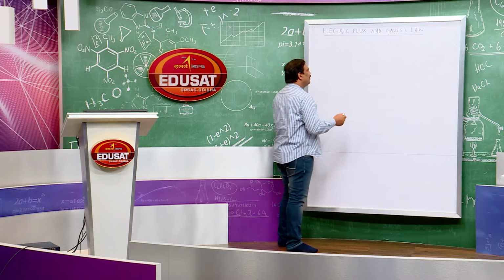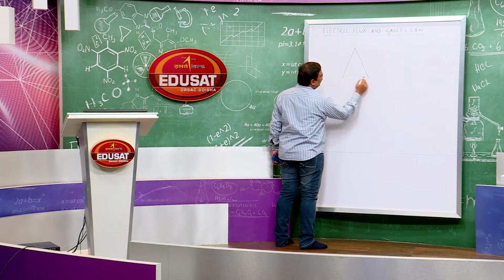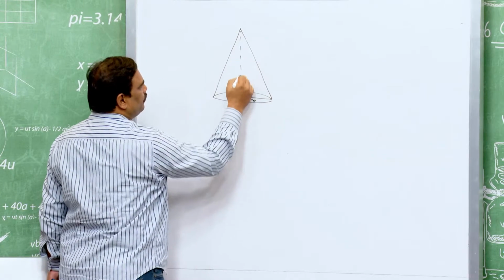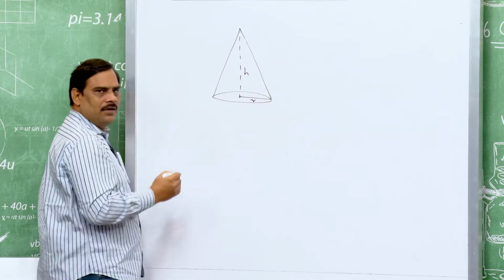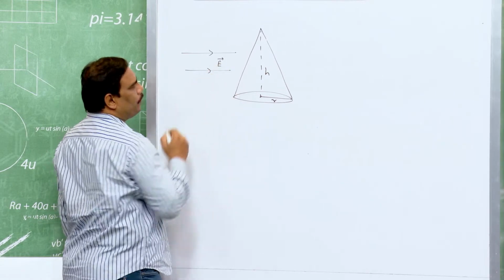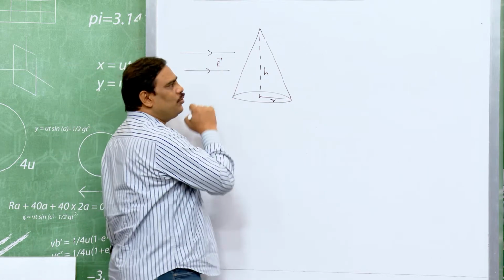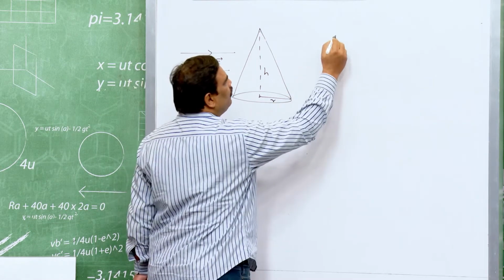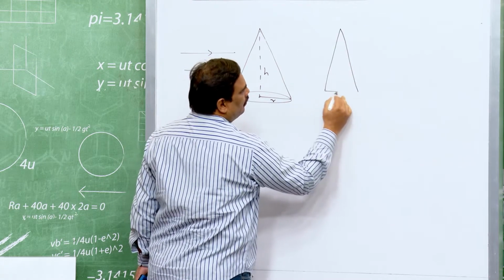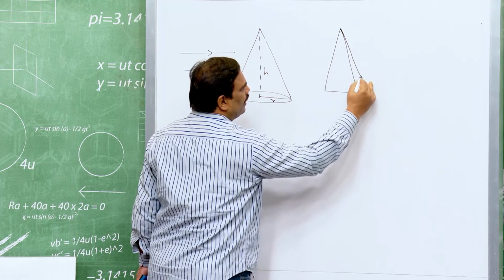If I cut out the cone vertically, this will be the nature of my exposed area.